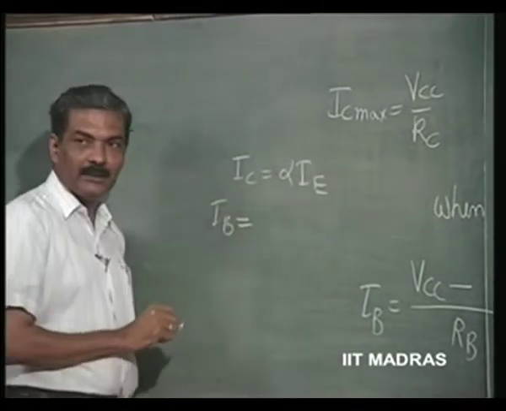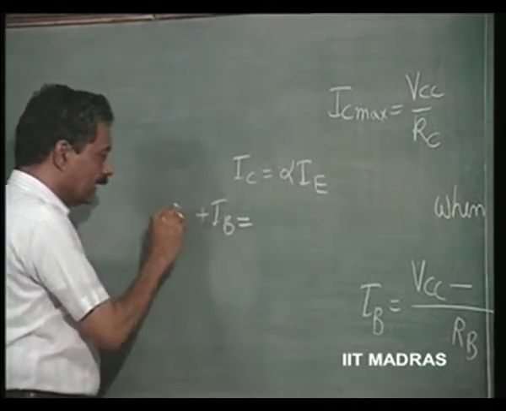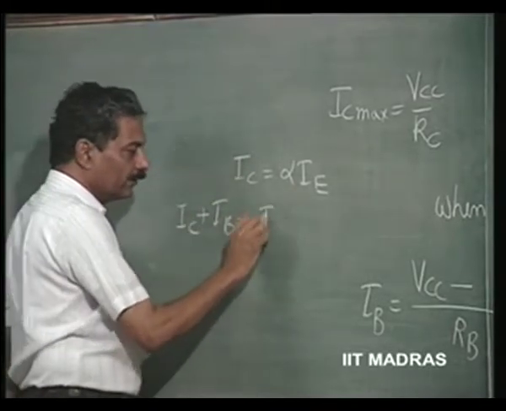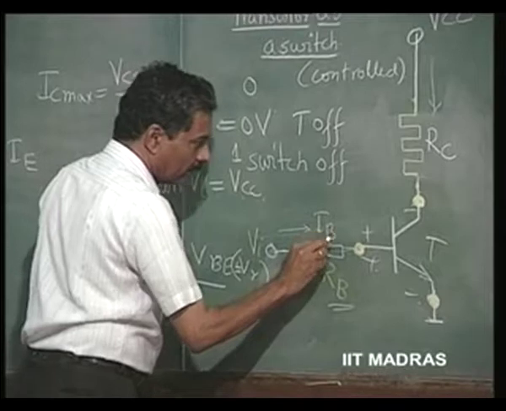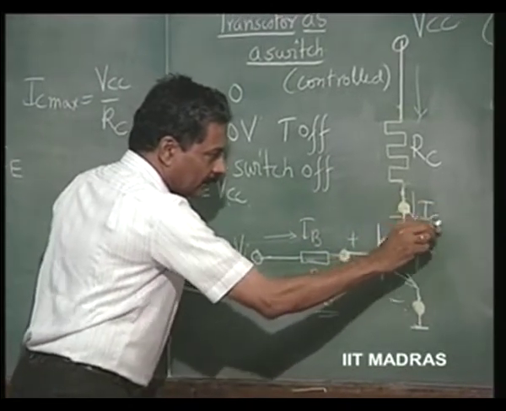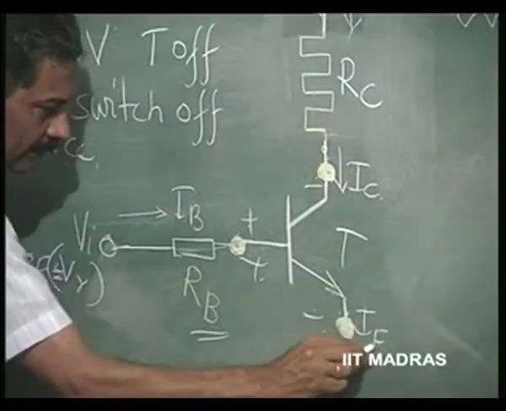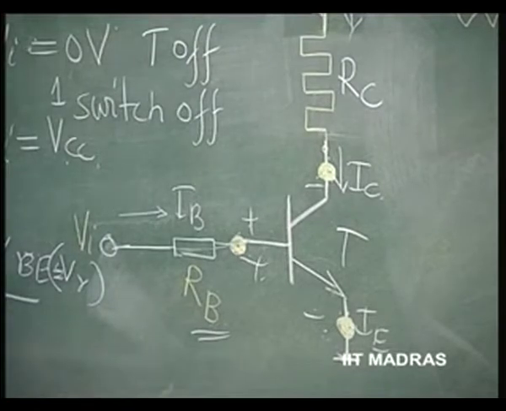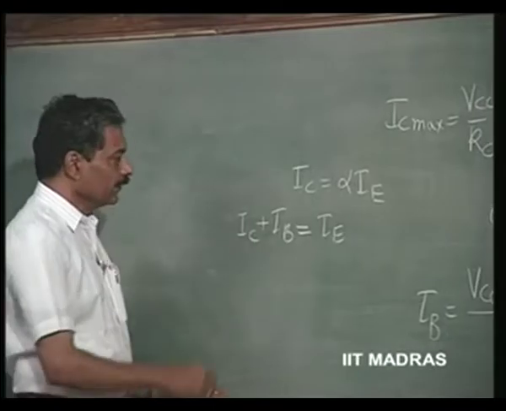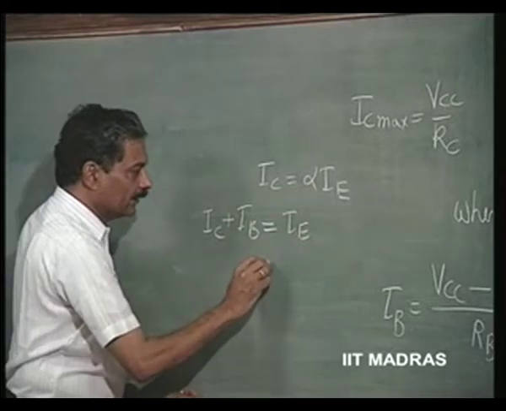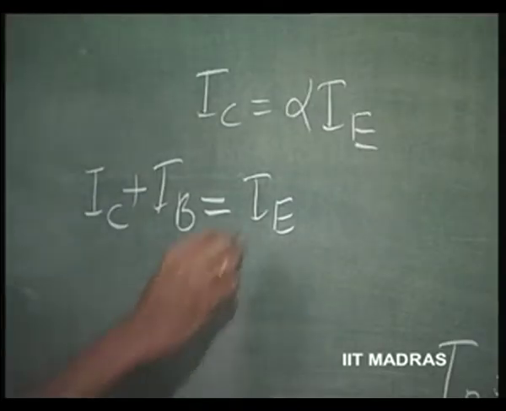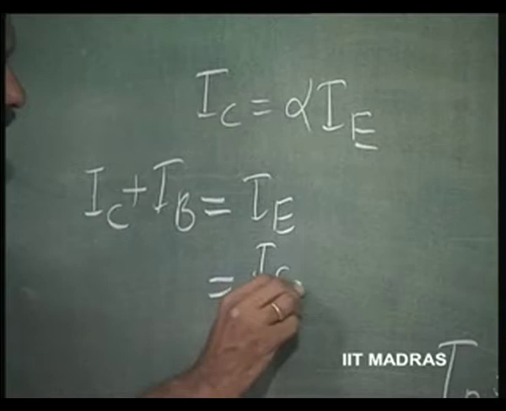What is Ib? We know that Ic plus Ib is equal to Ie. This is always valid. This is Ib, this is Ic, and this is Ie. Ie is equal to Ic plus Ib by Kirchhoff's law, and if it is satisfied, Ic is equal to alpha times Ie. So, Ie is equal to Ic by alpha.